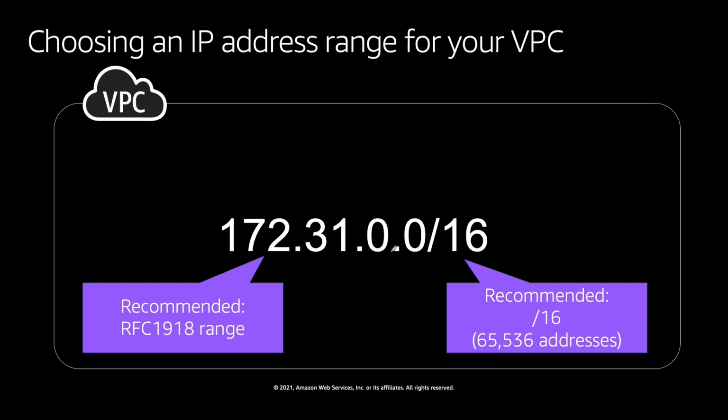So this is basically the mask, 16 means the 16 bits from the end are masked. That means these two octets define the network, and these two octets define the IP address of the host or instances which we can use within our VPC.